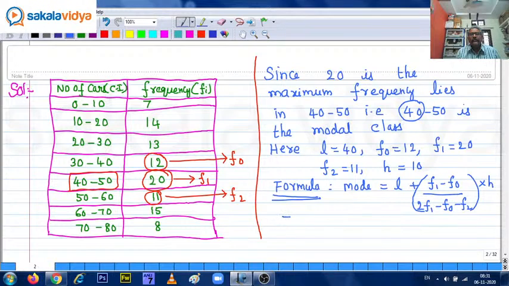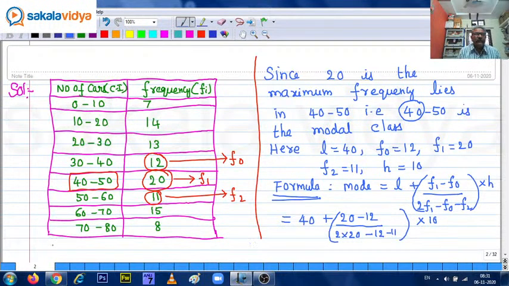L is 40, plus F1 is 20, F0 is 12, so 20 minus 12, upon 2F1, 2 into 20, minus F0, 12, minus F2, 11, multiplied by H, 10.